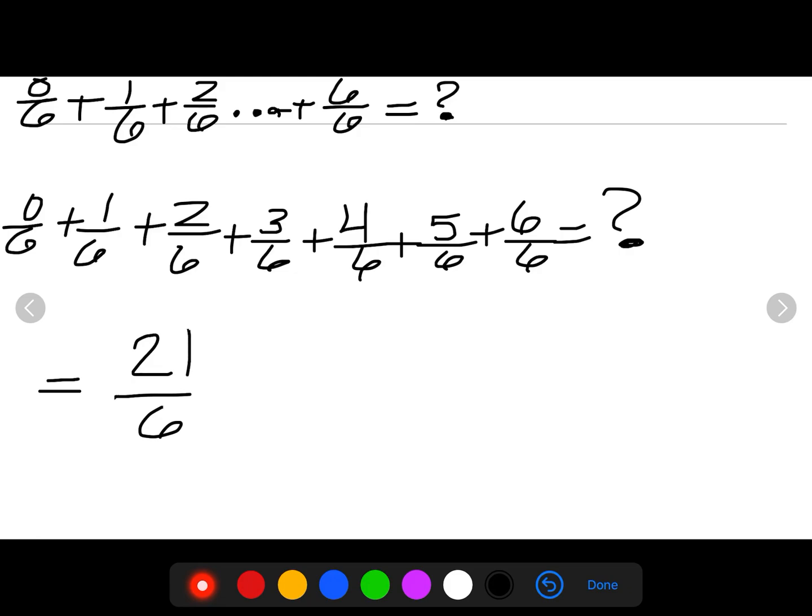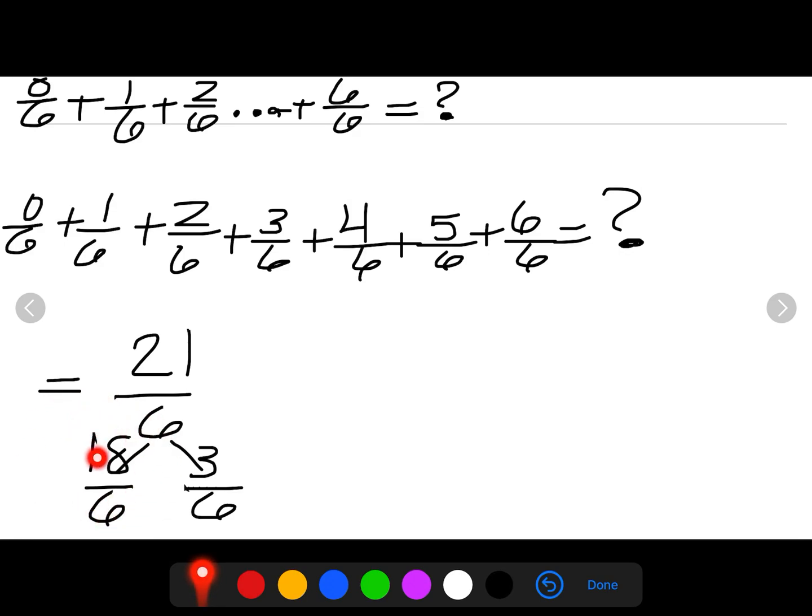Did you get 21/6? If you did, awesome job. And I know some of you probably even took it a step further and decomposed. What did you get on the left? Good job. 18/6. And what did you have left over? Awesome job. 3/6.